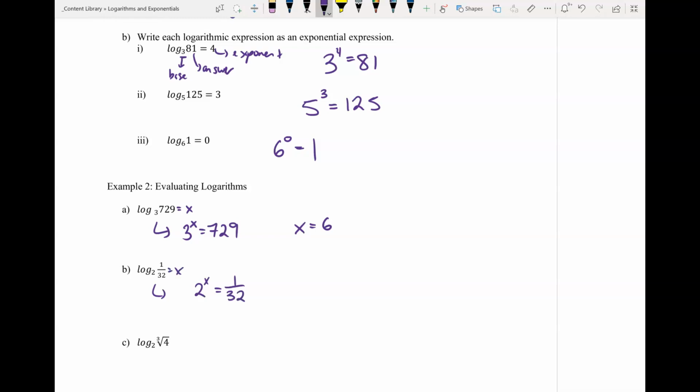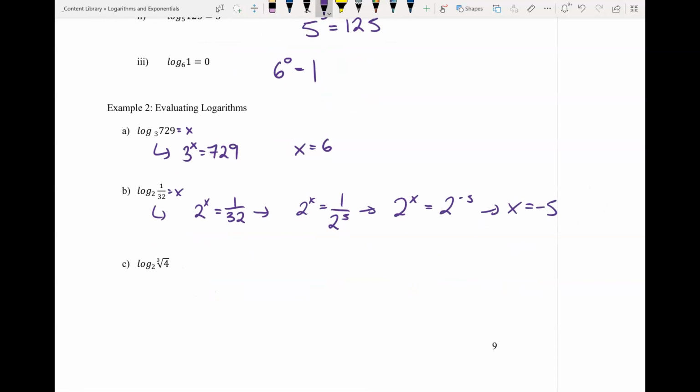This is very similar to solving for x if we have an exponential. So I can just change 32 as a base of 2, which is 2 to the power of 5. Then I can bring this 2 to the power of 5 back up if I negate my exponent. So then x is equal to -5.